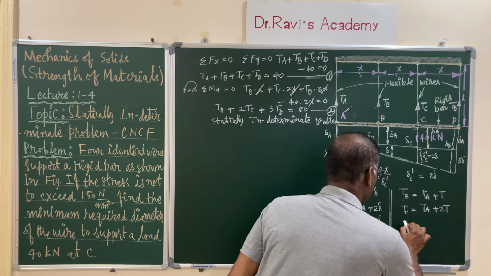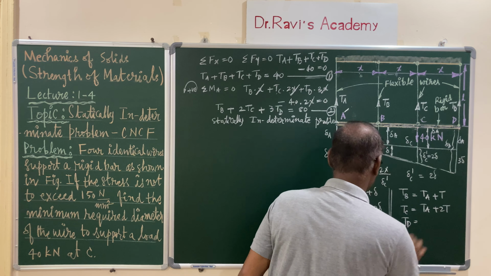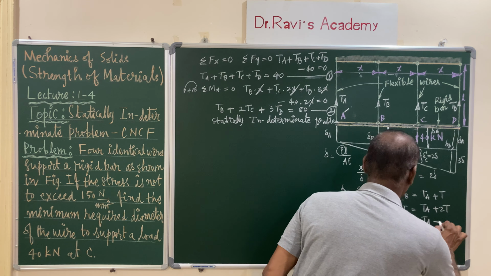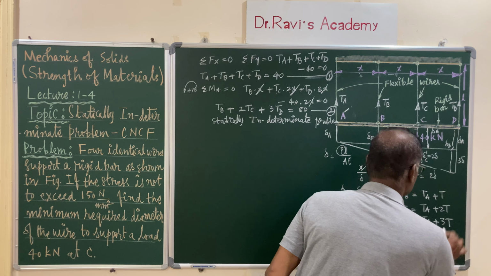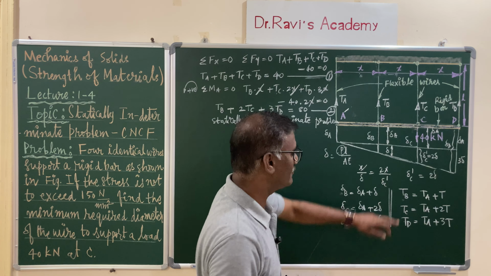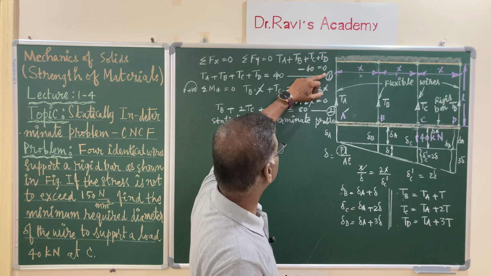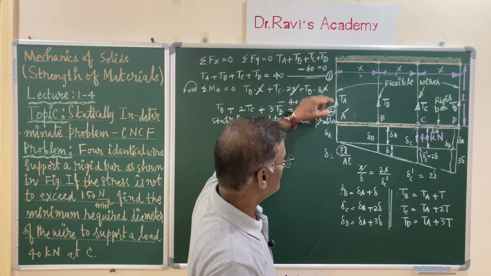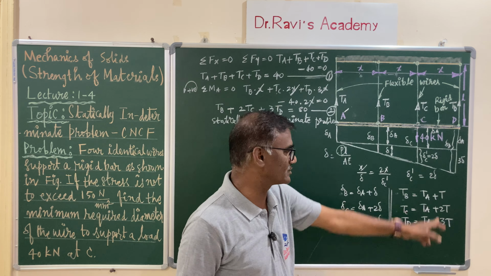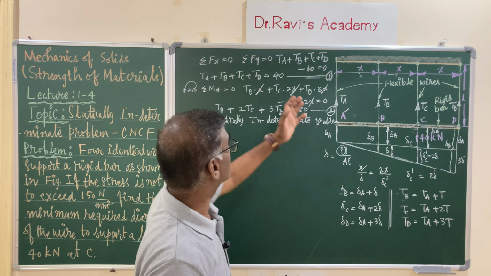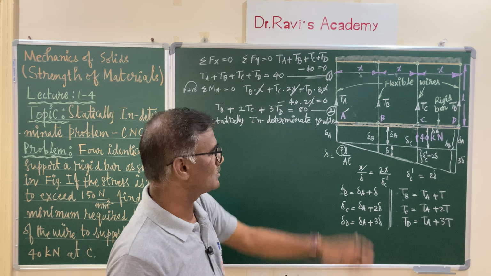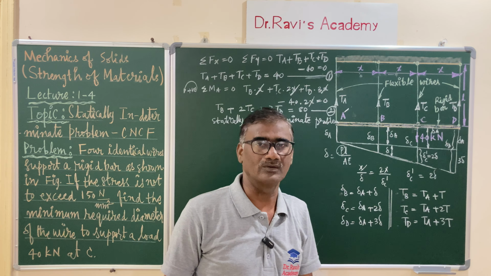And finally, TD is TA plus 3T. So substitute the values of tension B, tension C, tension D into your equations of equilibrium 1 and 2, and now the unknowns will be reduced to only two. You have two equations and two unknowns, and you can solve for them.